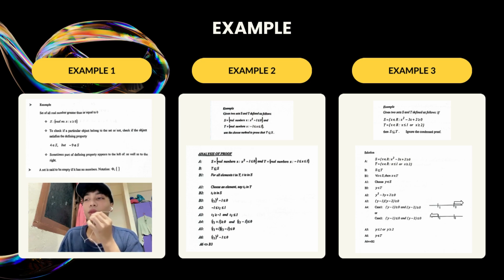Second, to check if a particular object belongs to the set or not, check if the object satisfies the defining property, for example 0 is an element of S but negative 9 is not an element of S. Third, sometimes part of the defining property appears to the left as well as to the right. And a set is said to be empty if it has no members.